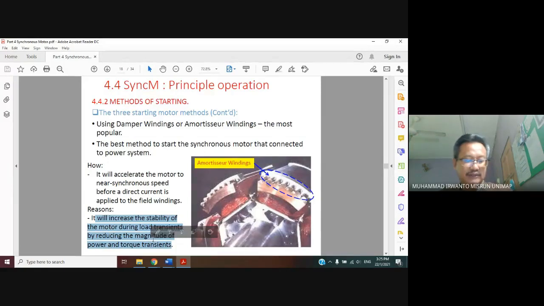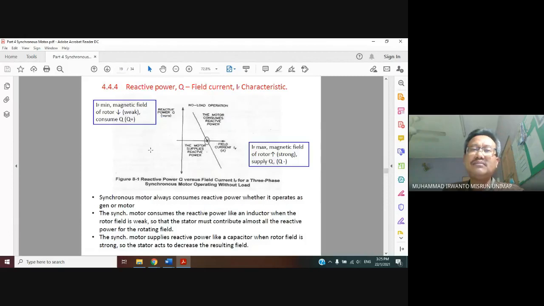Remember, when the motor starts to move, it takes a higher transient current, and after that, steady state. Okay, that is about the starting method.